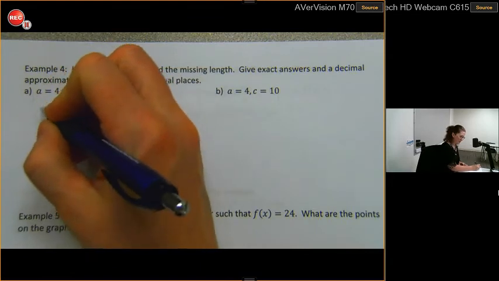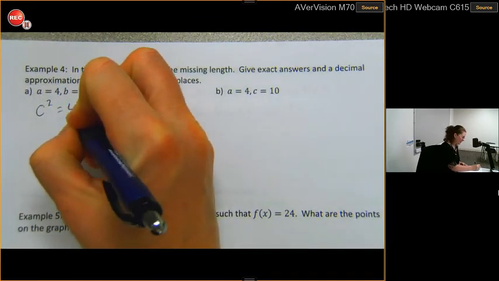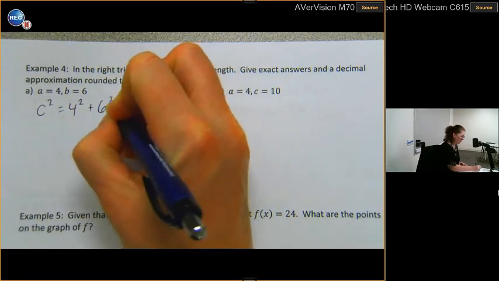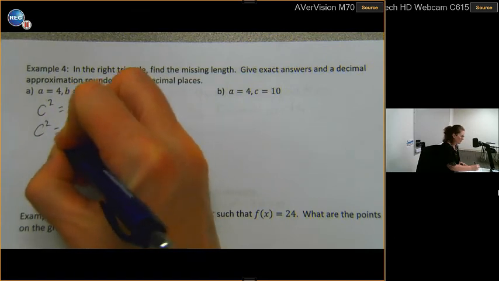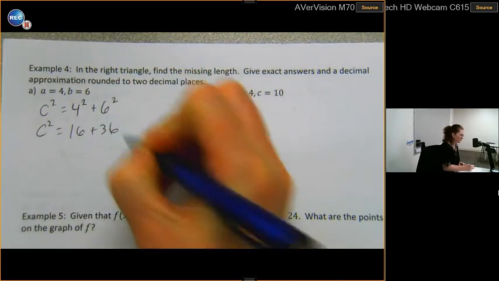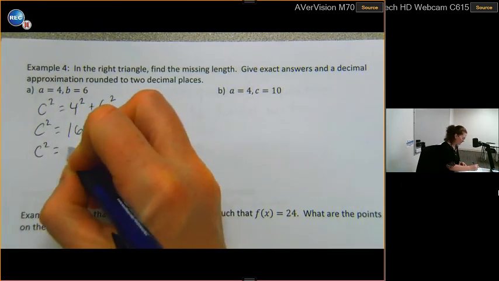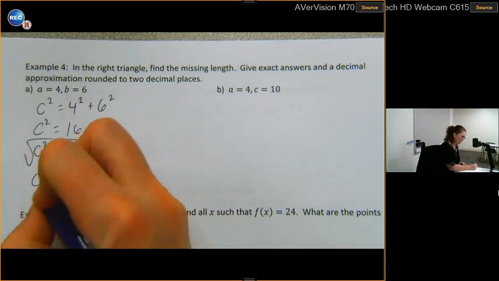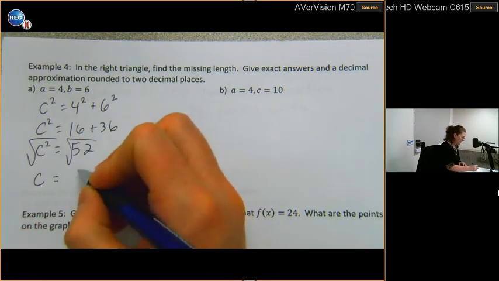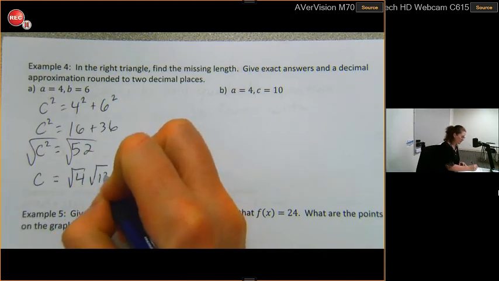So I'm going to substitute the A and the B, solve it out. Square root of each side. 52 is 4 times 13.